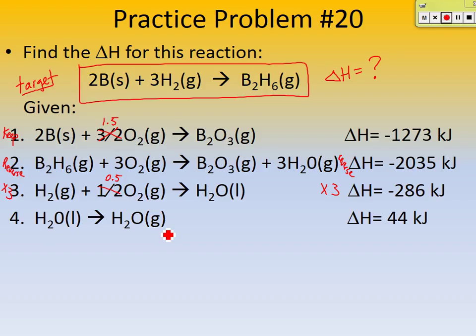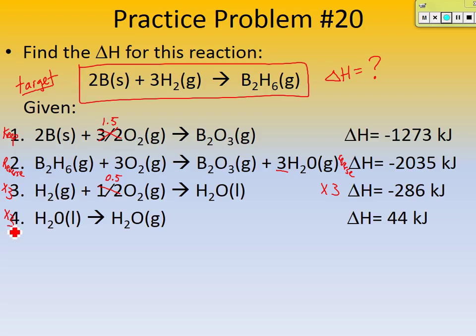Now, of course, there's no water in the target, so we need to get rid of all of them. Where do you see water in our given equations? Number 3. Okay, we've got 3 moles of water here in the gas phase, but we reversed it, right? So in the end, this is going to be over here on the left side, but I've got 3 moles of it. What do I have to do to equation number 4 then? I need to times that by 3. So I'm going to make a little note to times it by 3.